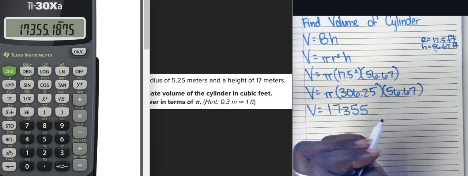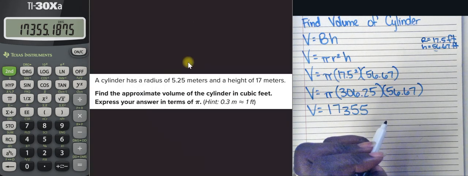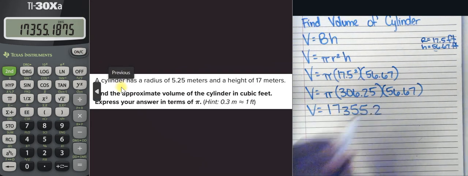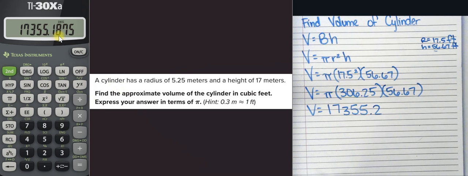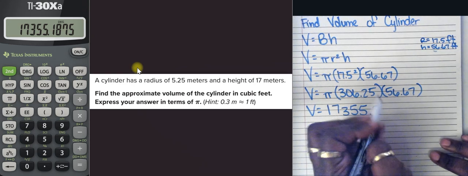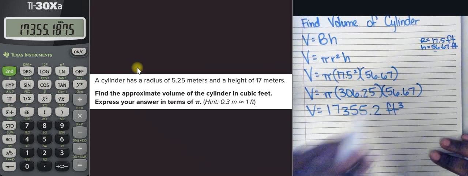Did they say that they want us to round to anything in particular? No, they didn't. So I'll just round to the nearest tenth. So that would be 17,355.2. The reason for that is if you look at your right-hand man, it's 5 or greater, so that 1 will round up to a 2. And our unit, we've got to make sure that we include that. We've converted it into feet, so this is going to be cubic feet.